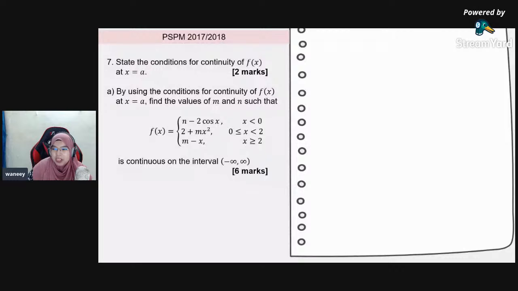Oh, ada yang dah dapat jawapan dah. Wow, laju. Go, gang Google Meet. Kita tak boleh kalah. Go. Cepat. Siapa nak bagi jawapan?